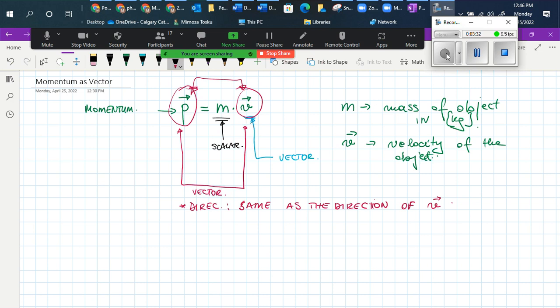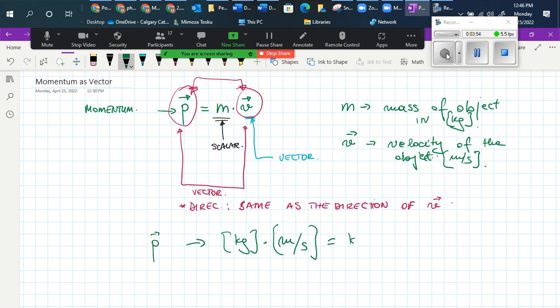Now, considering the fact that the mass of the object is in kilograms and the units of the velocity is in meters per second, we can draw the conclusion that the units for momentum are kilograms times meters per second, or kilograms meters per second.